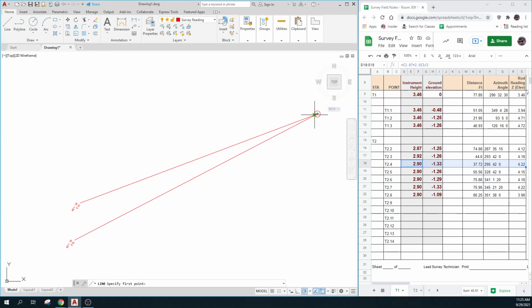So here's my line. It's from where I'm at. I need the at symbol. 37.72 at an angle 295 degrees, 42 minutes, 0 seconds.